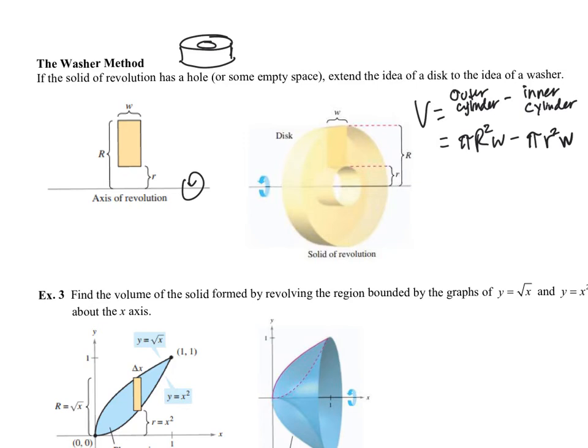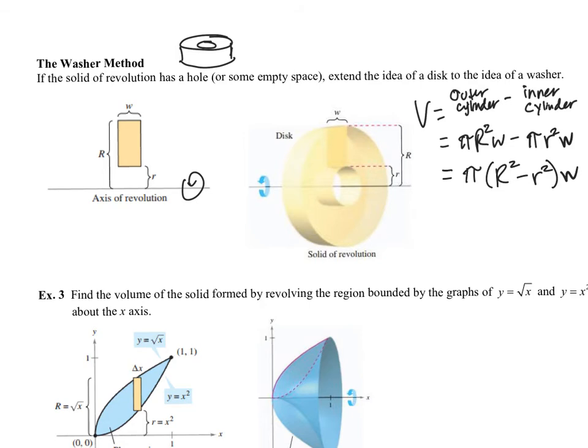And then we can simplify this a little bit. We can pull the pi out, and we'd have pi times capital R squared minus little r squared, and then we're going to pull the W out as well, but we're going to put that on the right side.